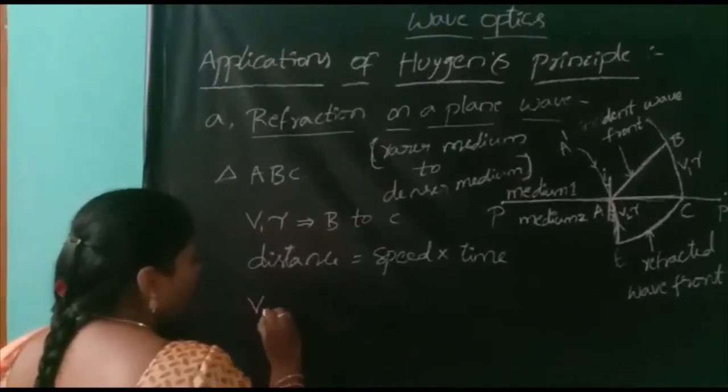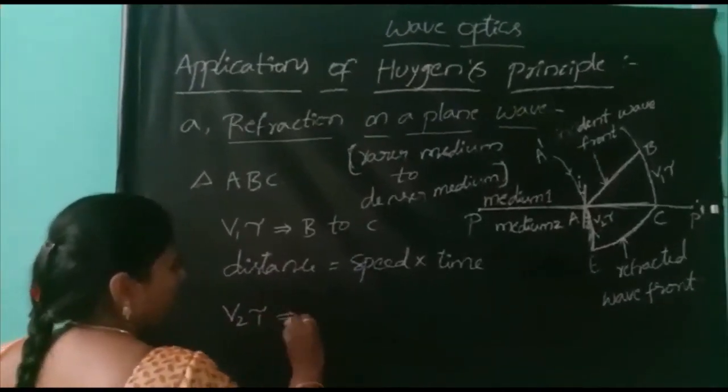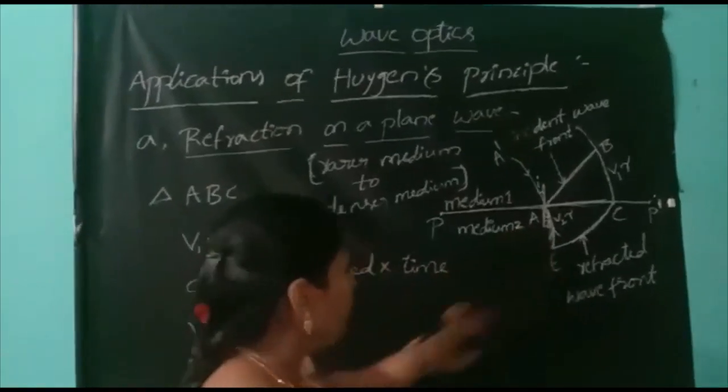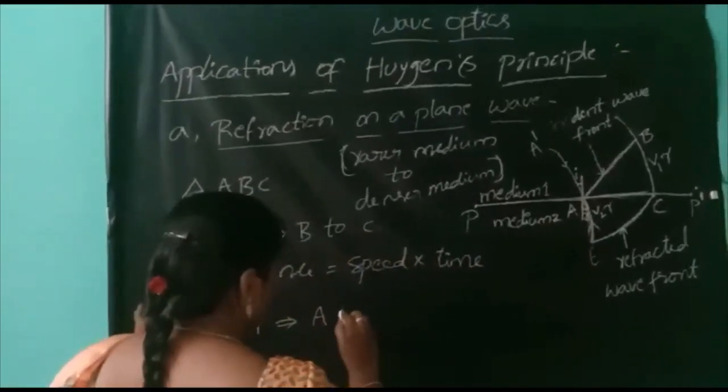And V2 times tau is the distance from point A to E.